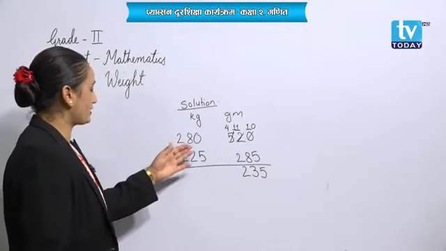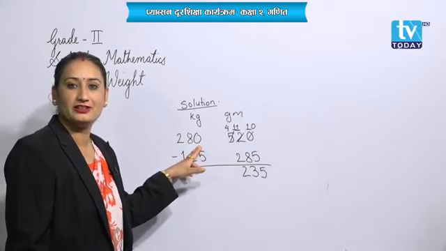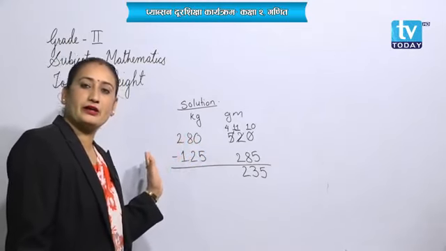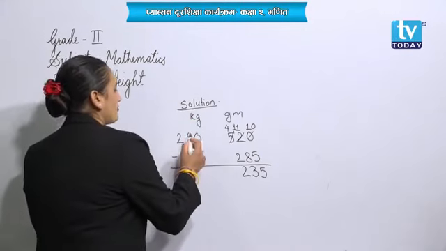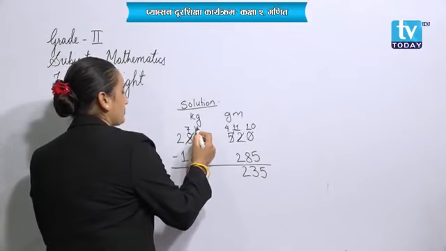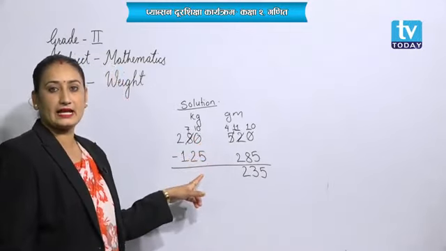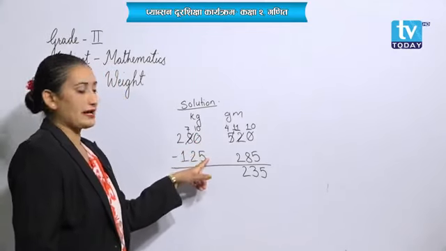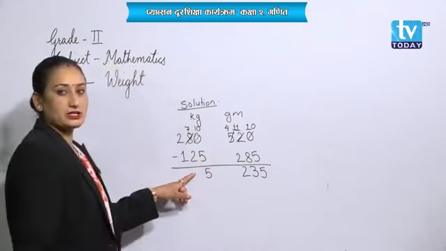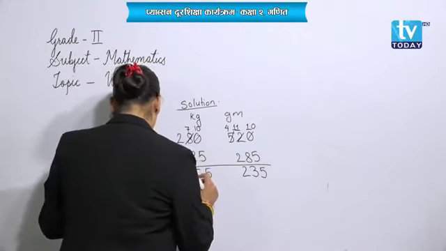Now let's go over here. Again 0 is coming. So what we have to do? We have to take a borrow from the previous number. Right? Front digit, that is 8. Let's cut 8. 7 will be left. 1 will given. Then it's become 10. Can we subtract it now? Yes. 10 minus 5, it will be 5. 7 minus 2, it will be 5.